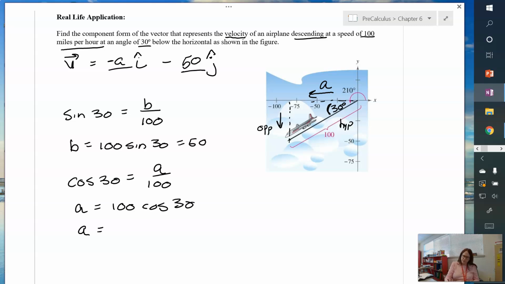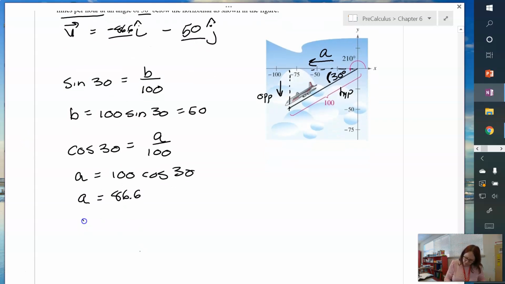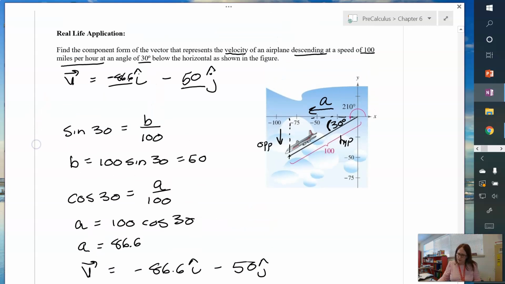I got 86.6. And remember, this is going this way, so it's going to be a negative. So when I write my final answer, I'm just going to put it here, 86.6. So here is our vector for our velocity of our airplane landing at SeaTac, minus 86.6i minus 50j. And that is it for today. Thank you for watching and have a great day.